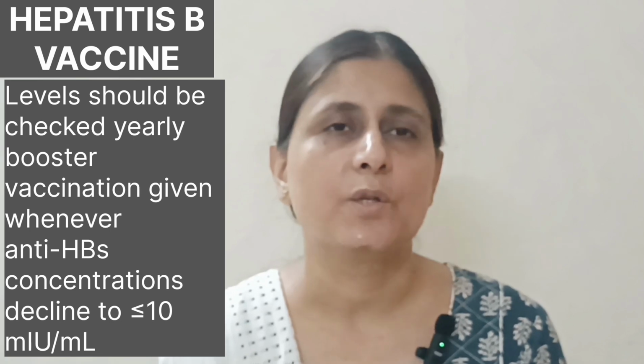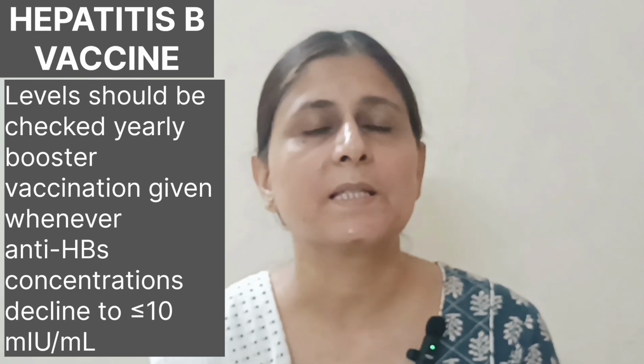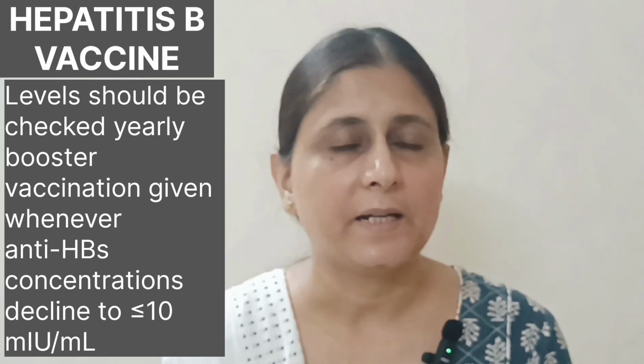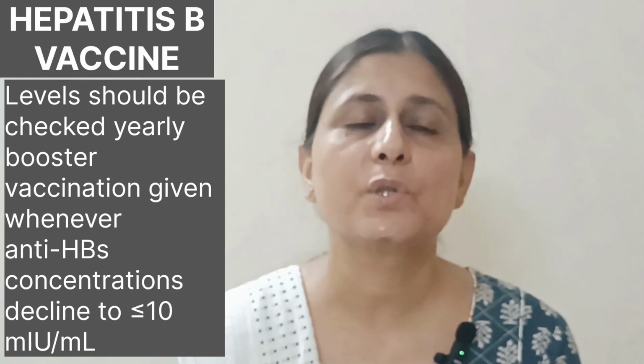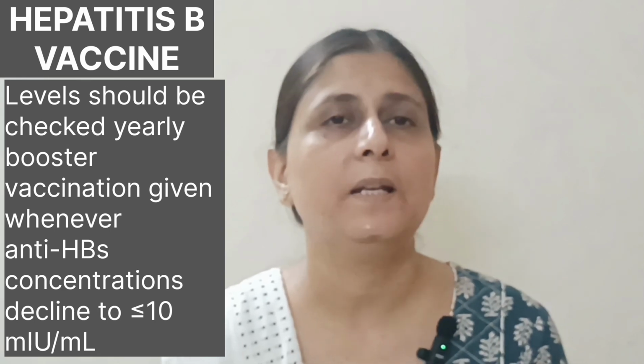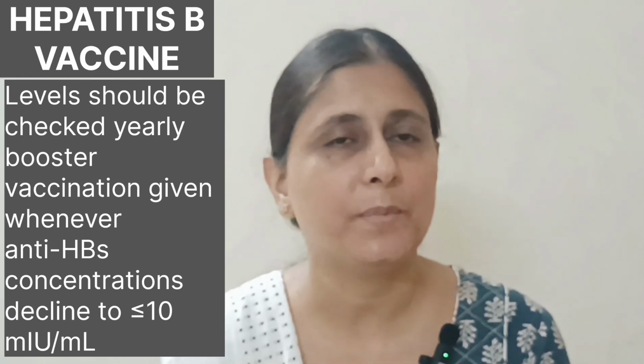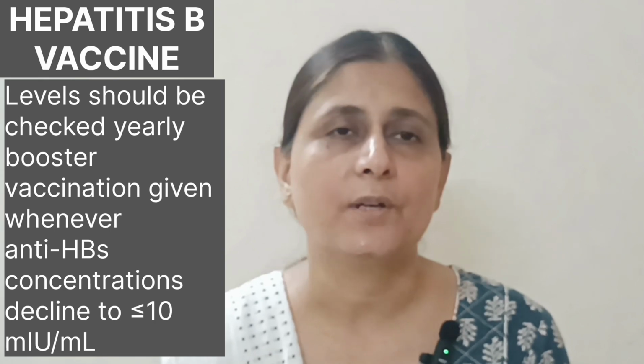But in some situation, we have to do the post-vaccination antibody titer also, and we have to give the booster whenever titer goes less than 10 milli international unit per ml. So what are those conditions?